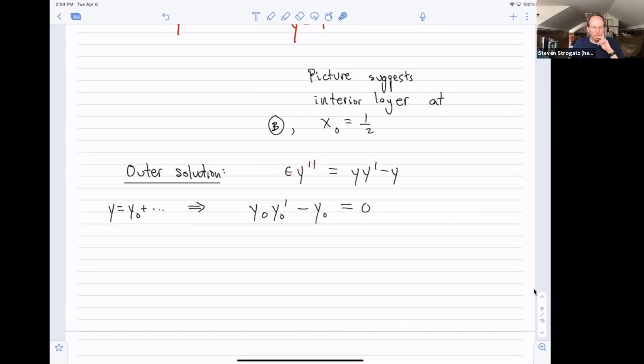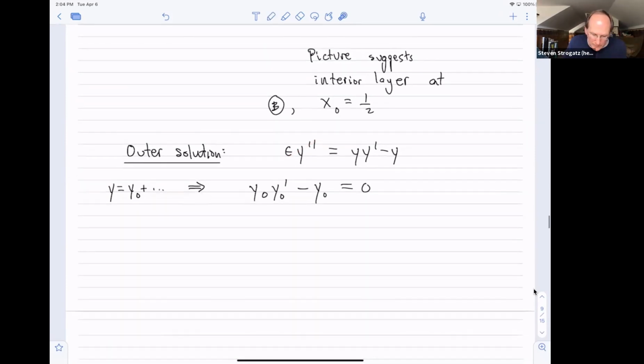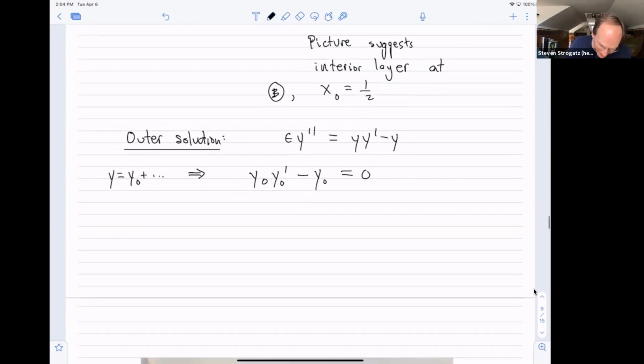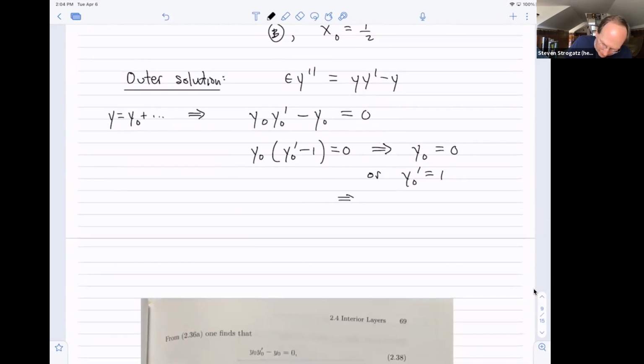That's at order epsilon. So that's a nice little first-order differential equation. In fact, a very easy one, because you can factor out the y0. Then you have y0 prime minus 1 equals 0. So we either have y0 is the 0 function, or y0 prime is 1, which would tell us that y0 of x is of the form x plus a constant, let's say a.